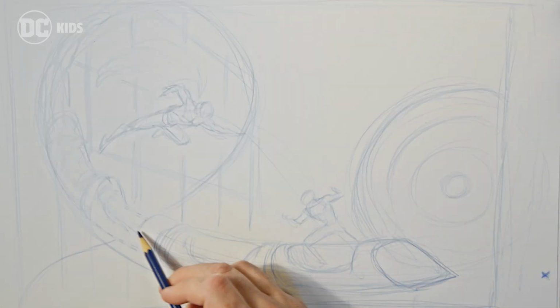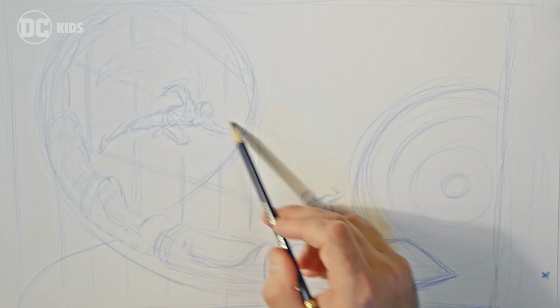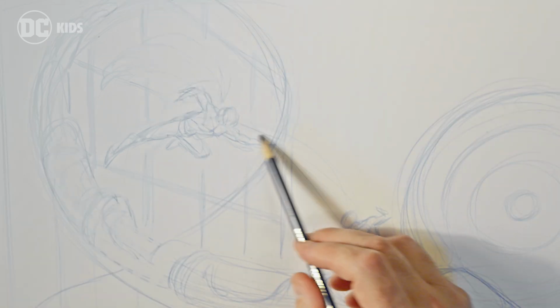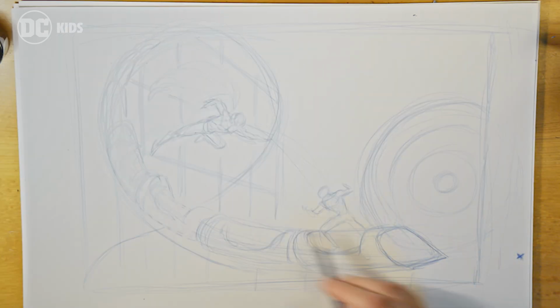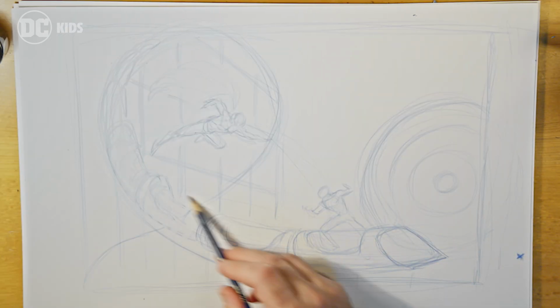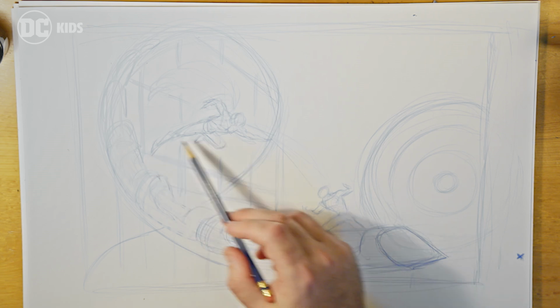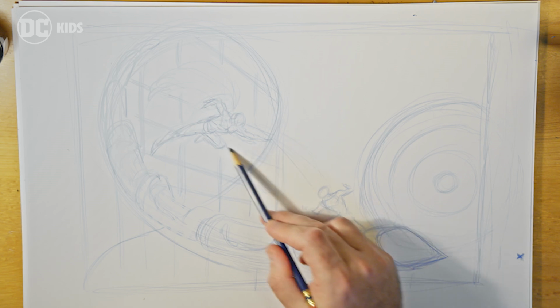This helps out as well in that I am trying to show Batman leaping in a particular direction. He's leaping towards the Joker here, but because I've got this great vanishing point, the support struts are going to follow along and almost give us the notion that he's leaping along with that line of motion.